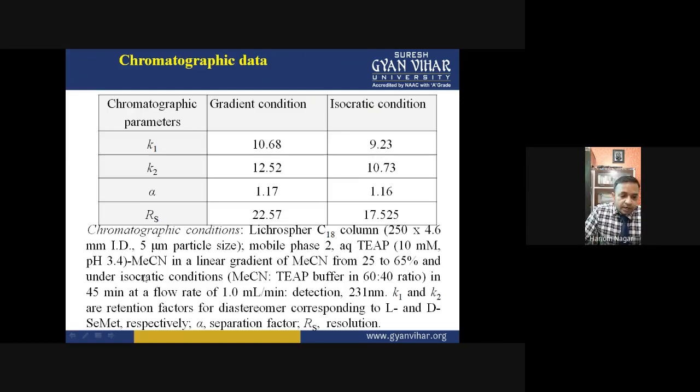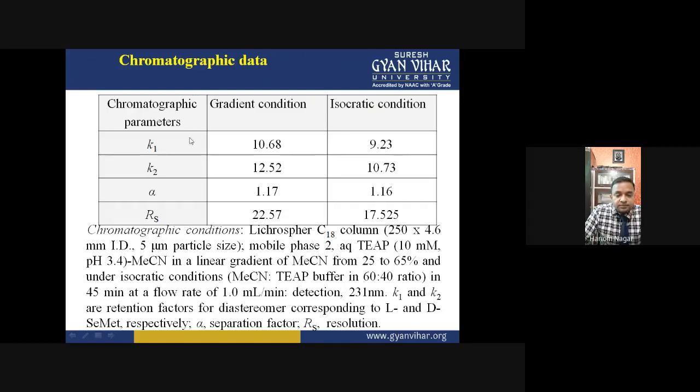Okay, we also carried out the chromatographic run under isocratic conditions, where acetonitrile and TEAP buffer were taken in a 60 to 40% ratio. The chromatographic run was carried out for 45 minutes at a flow rate of 1 ml per minute, means the mobile phase flowed at 1 ml per minute. And detection was made at around 231 nanometer, right?